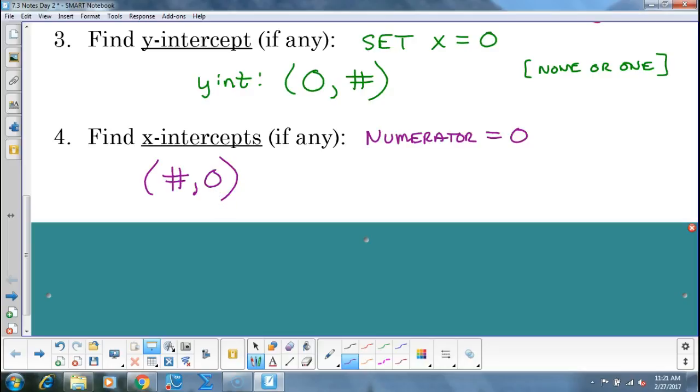Okay. Now, how many x-intercepts can I have? Can I have none? I can have none. Can I have 1? Can I have 2? Can I have 3? 4? 5? So I can have 0, 1, or multiple ones, right?